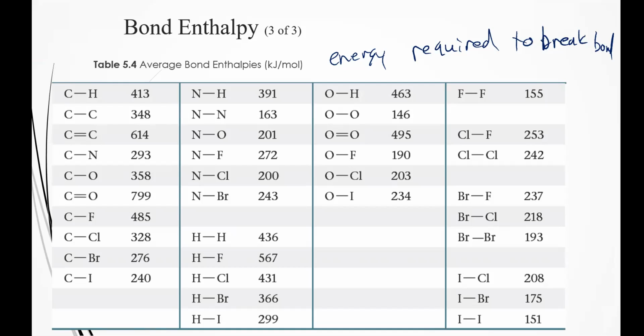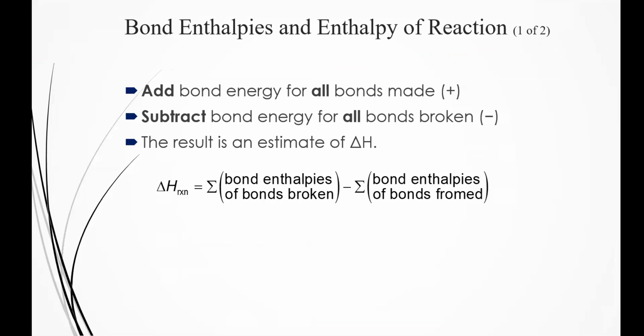That's also the amount of energy that you'll get back when you form that bond, or energy that you get released when you form that bond. And so when we look at that delta H, it feels a little bit backwards. And that's because the delta H is always going to be the bonds broken minus the bonds formed.